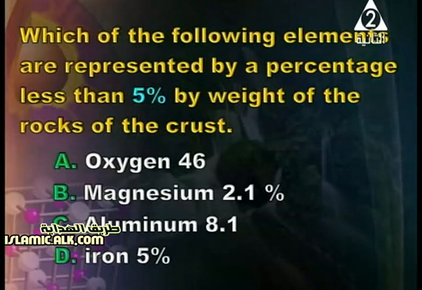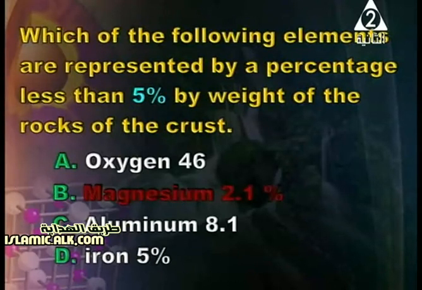As you know, oxygen is only 46%, magnesium is 2.1%, aluminum is 8.1%, and iron is 5%. So the right answer here is B, magnesium. It is 2.1%, which is less than 5% of the weight of the rocks of the crust.